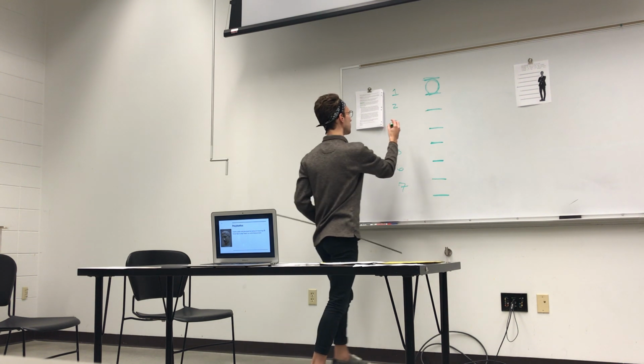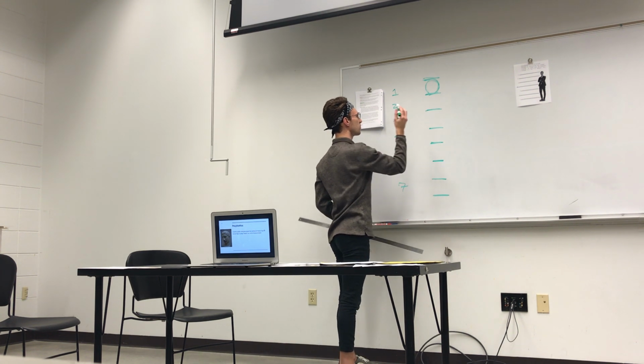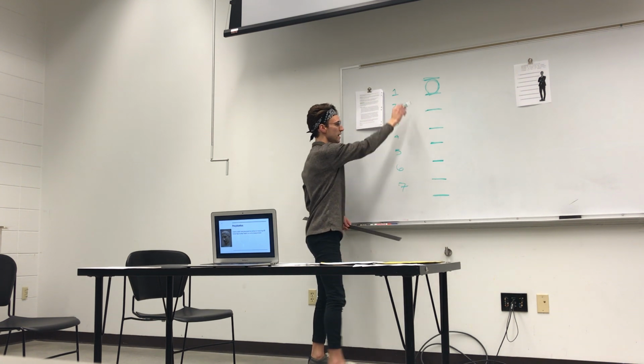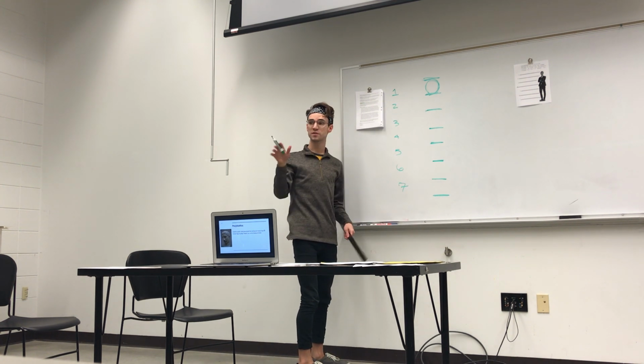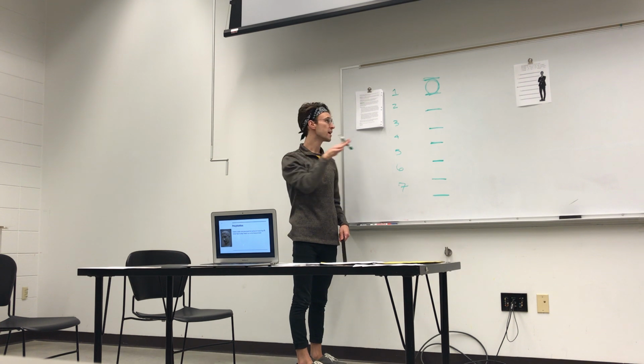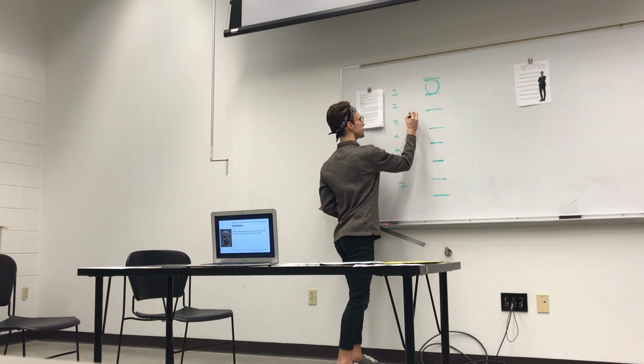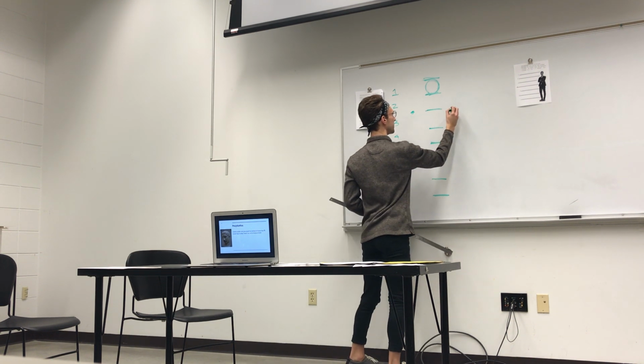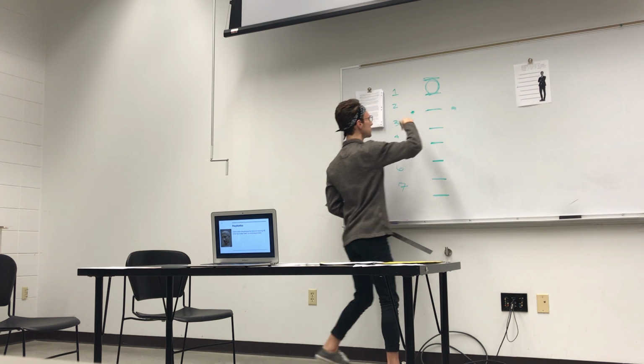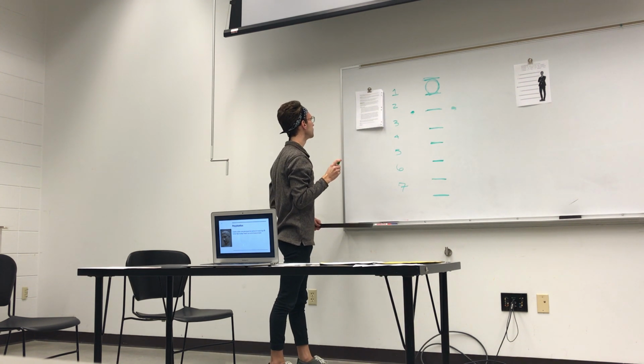Okay, so if we're ready to move on, the first thing we're going to do is decide where the shoulders should be. So in correspondence with these spaces, the shoulders typically fall between heads 2 and 3. So our shoulders are going to be right around here. It varies a little bit from person to person.